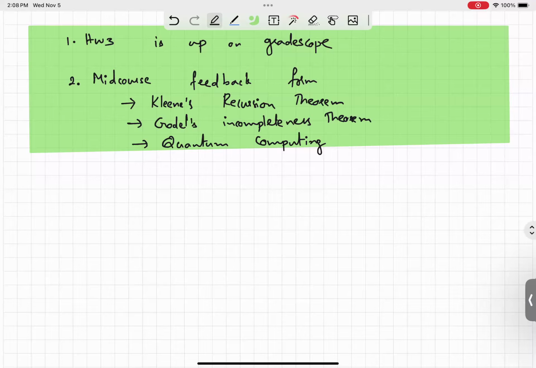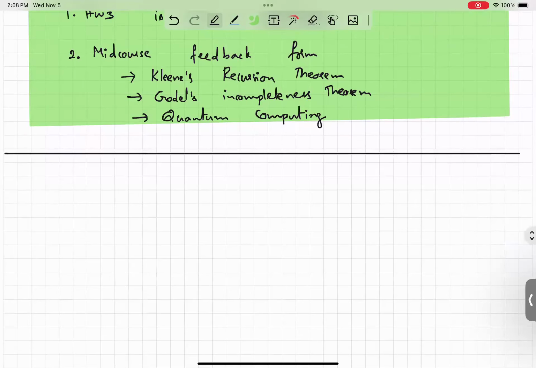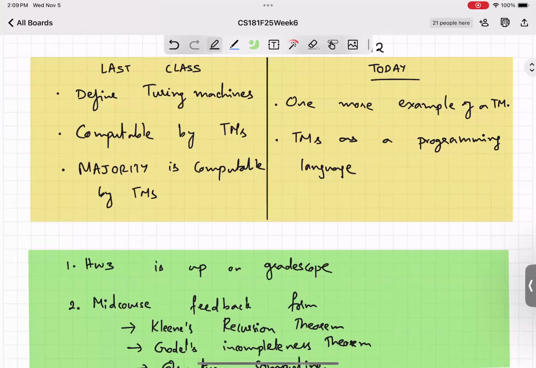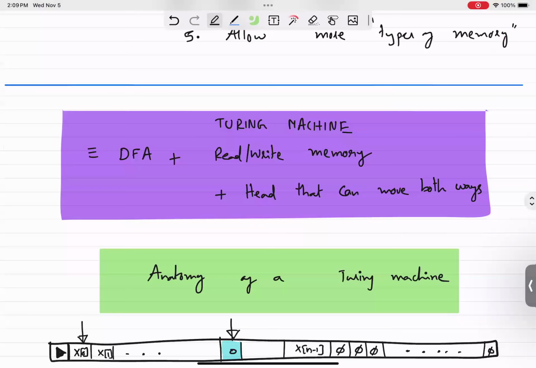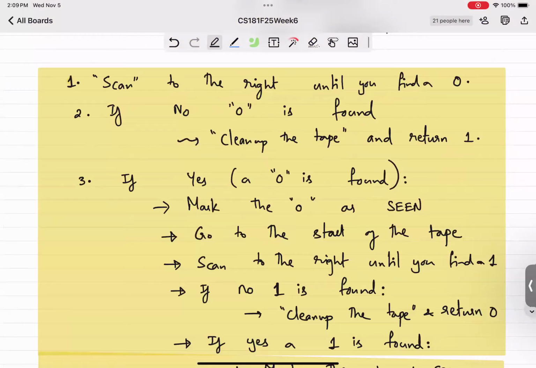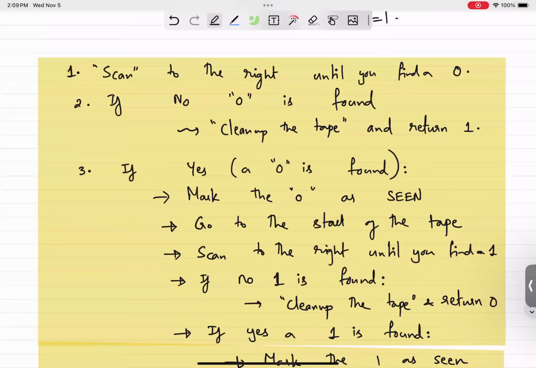But for all of these things, we have covered the basics, so it's about exploring additional topics. Okay. All right. So with that out of the way, let's now go back to Turing machines. I'm not going to do everything that we wrote down last time, but this was our idea for majority.